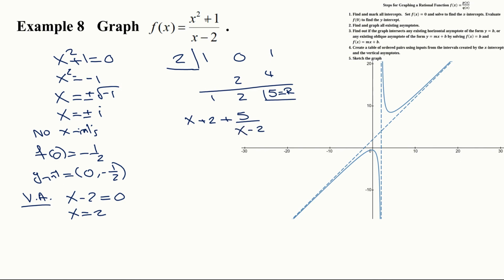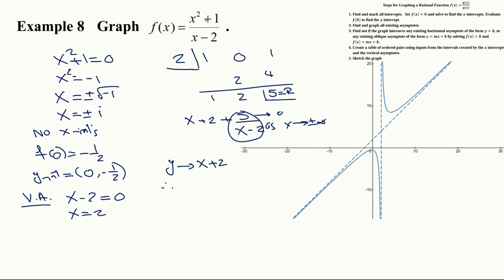Now this part, as we know, goes to 0 as x approaches positive or negative infinity. So y itself is going to approach x plus 2.